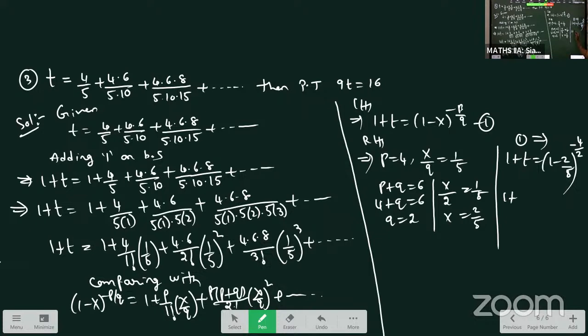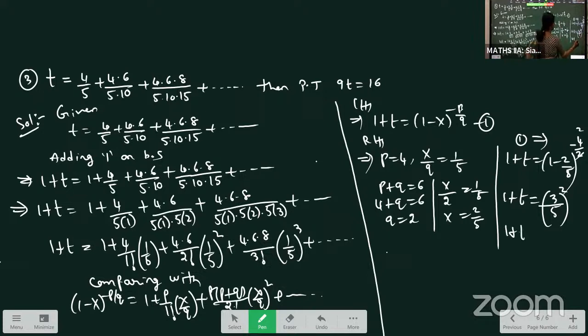So 1 plus t is equal to, taking LCM 5, 5 minus 2 is 3, the whole square left out.